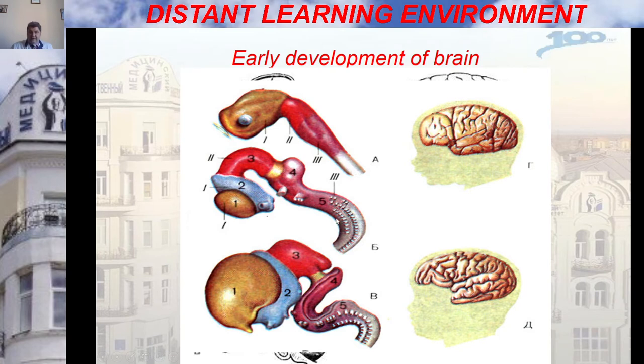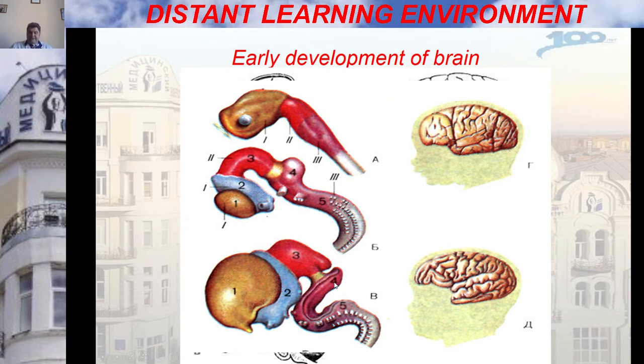The posterior portion, number 5, the myelencephalon, transforms finally into the medulla oblongata, while the anterior portion, number 4, you may see it here, develops into the pons, or pons Varolii. Here, look at my pointer, and the cerebellum, number 4, on the dorsal side.